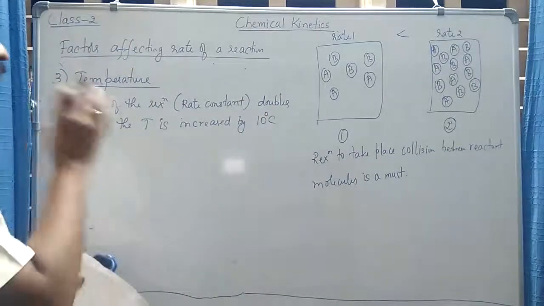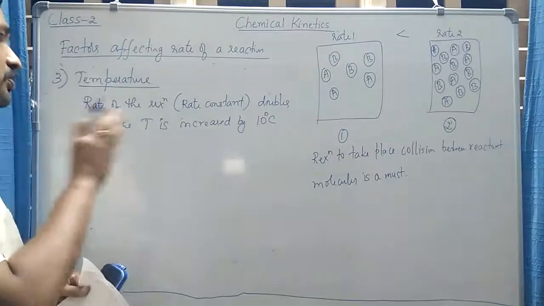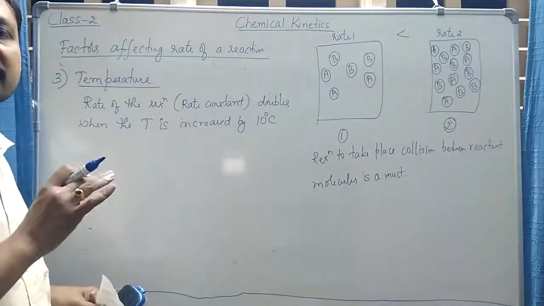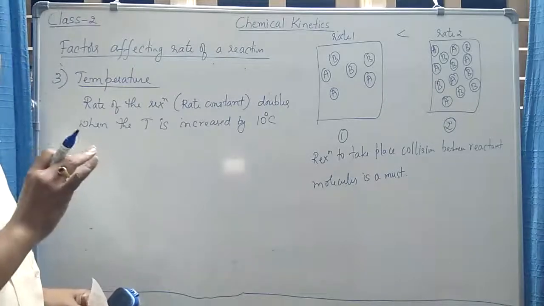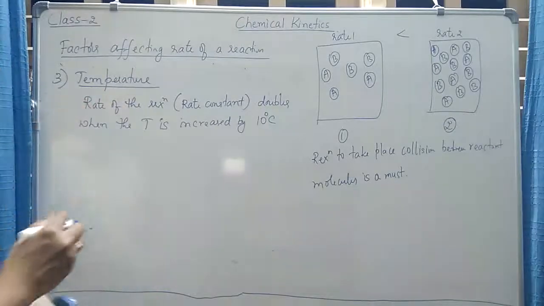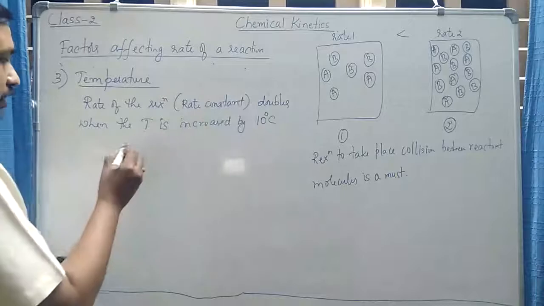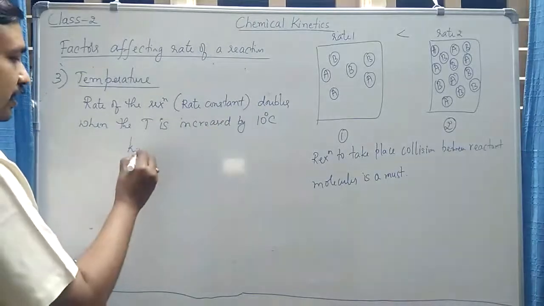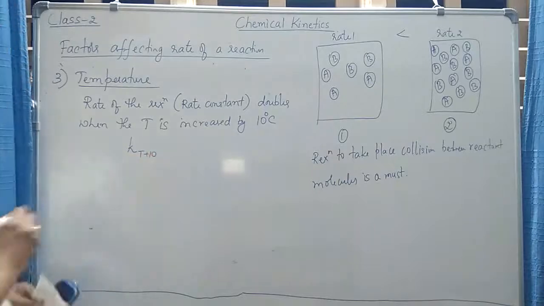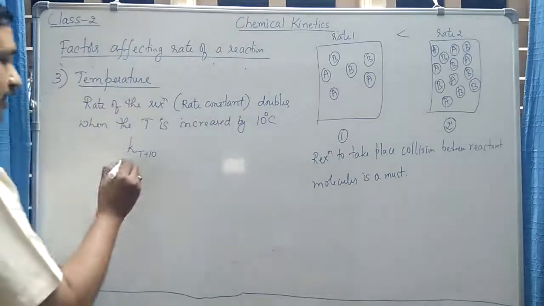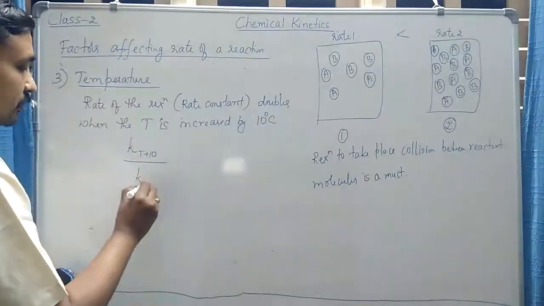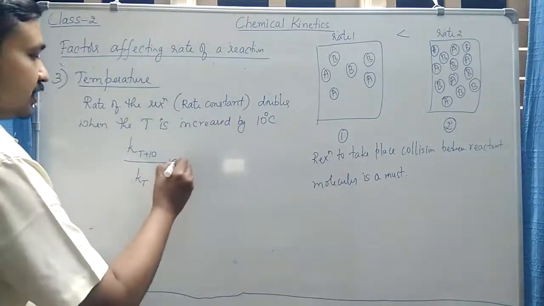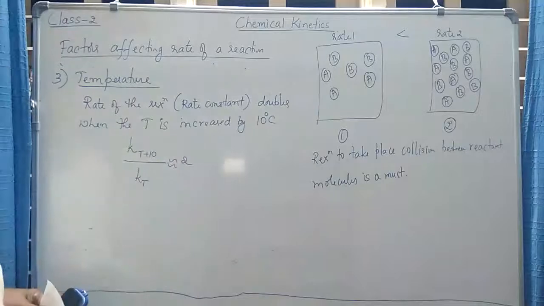Okay, so it is an experimentally observed fact that as we increase the temperature by 10 degrees Celsius, the rate of almost all the reactions approximately gets doubled, or rate constant gets doubled. So mathematically you can write it as rate constant K at a temperature of T plus 10 degrees Celsius, that is higher degree, divided by Kt, that is the rate constant of the reaction at temperature T, is approximately equal to 2.